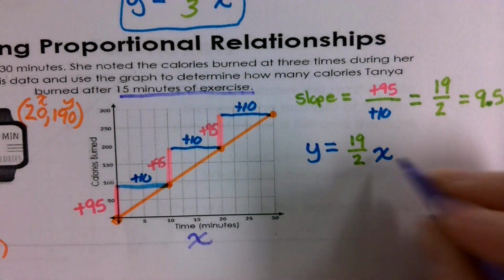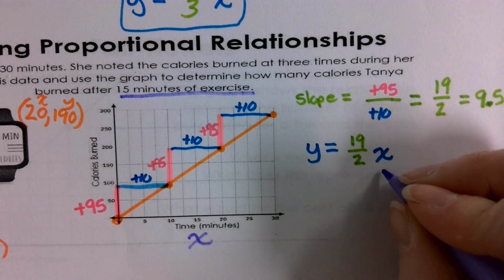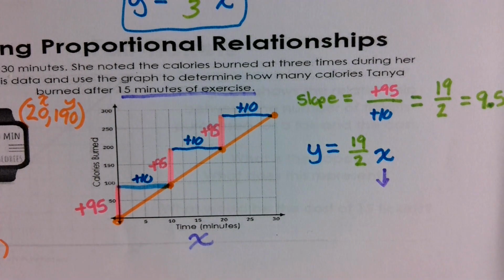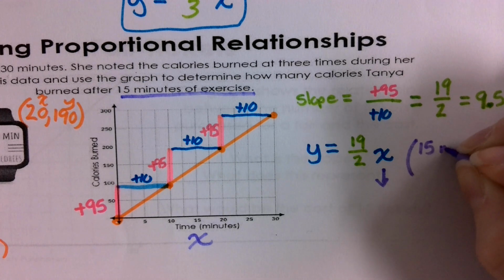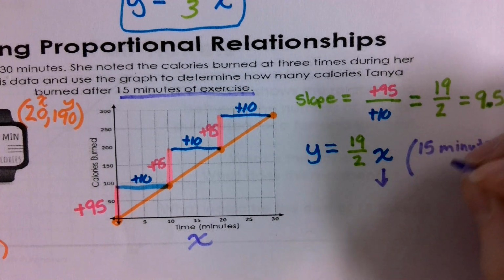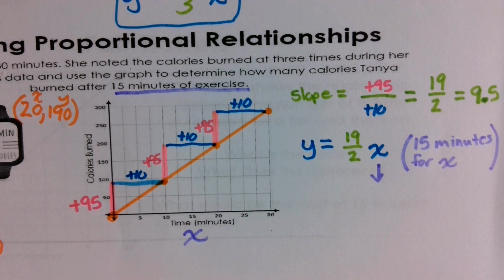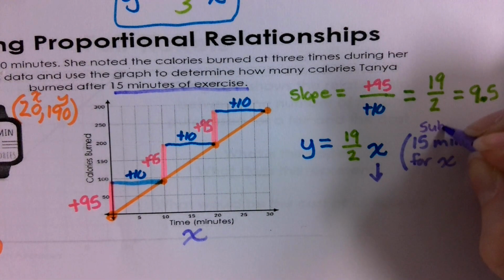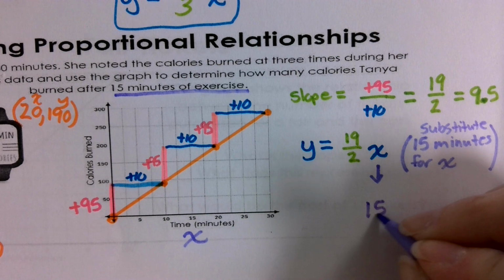So what we're going to do, we've got this equation, y is equal to 19 over 2 times x. I can replace my x. I can substitute 15 minutes in for x. So I'm changing that x to the 15.